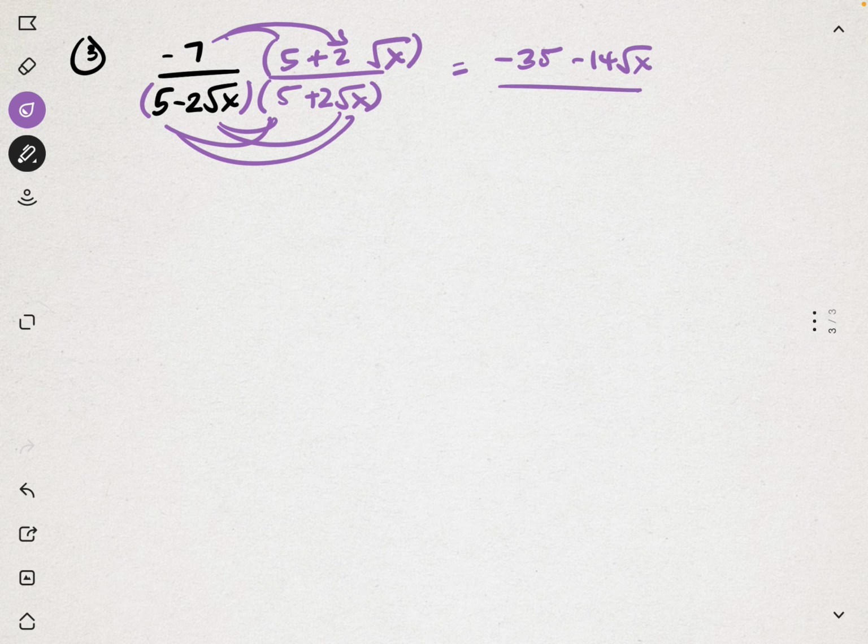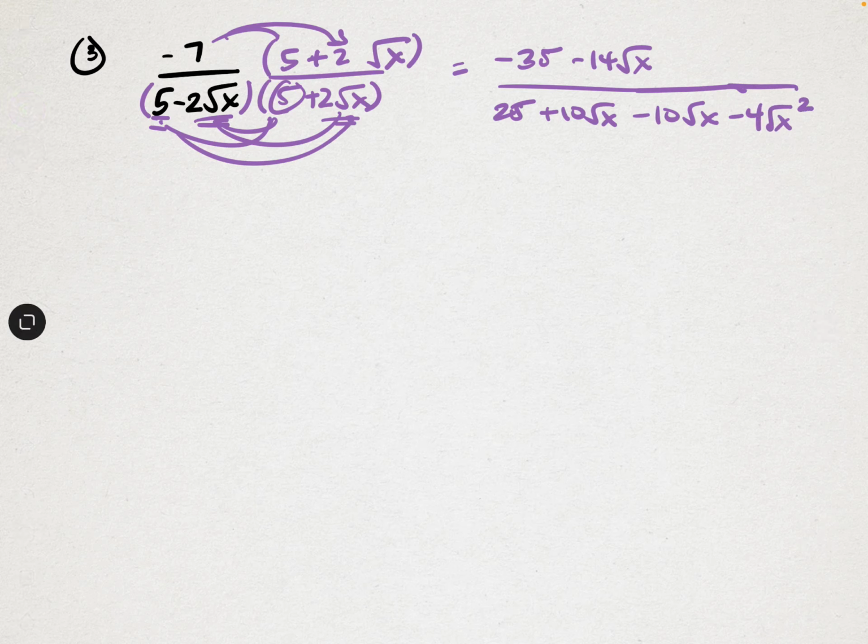And then in the denominator, 5 times 5 is 25. 5 times 2 square root x is 10 square root x. Moving on to the next term, negative 2 square root x times 5 is negative 10 square root x. And then lastly, negative 2 times 2 is negative 4 square root x squared. Right, because we're multiplying square root x times itself, it's squared.